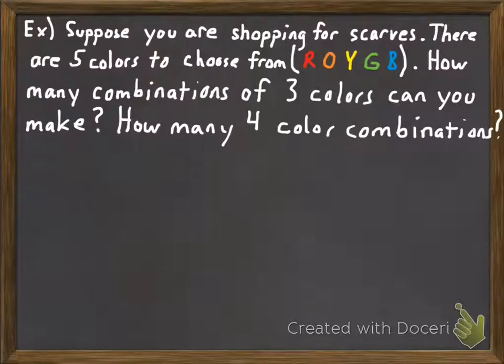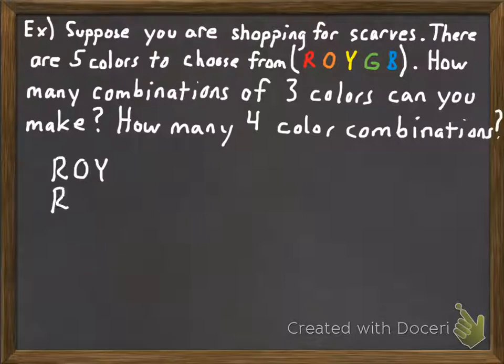Well, when I say we're going to reason this out, let's just see how many different groups of 3 I can make from these 5 colors. I'm going to simply list them out. I could take red, orange, and yellow and group them together. Let's make as many groups as I can with just red and orange.